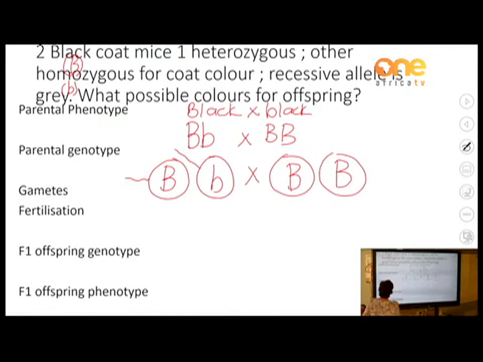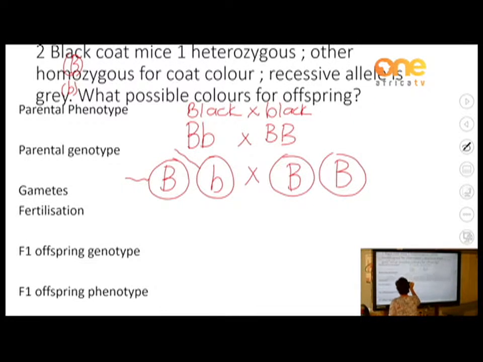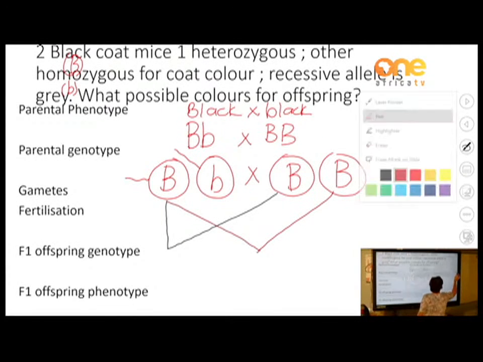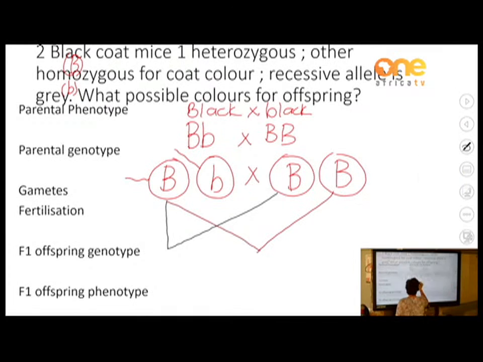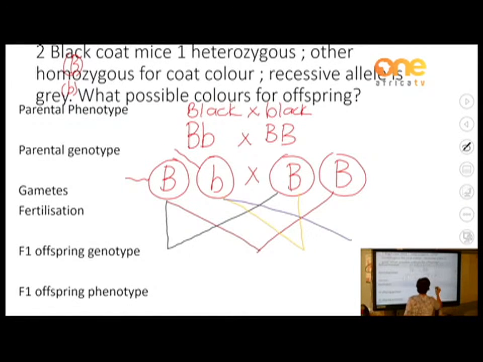Now show fertilization, please. I am going to use different colors to show fertilization. Fertilization can happen between those two, or between those two, or this one and this one, or this one and this one.